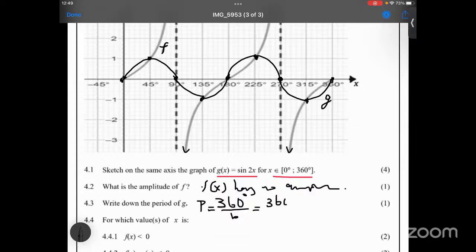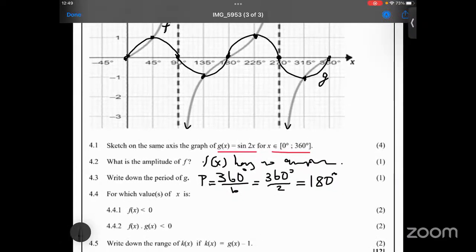The B value is 2. So that means it's 360 degrees divided by 2, and that's where the 180 degrees comes from. You remember the period is the interval over which the graph repeats its shape. We have seen that after traveling for 180, it starts to repeat its shape.